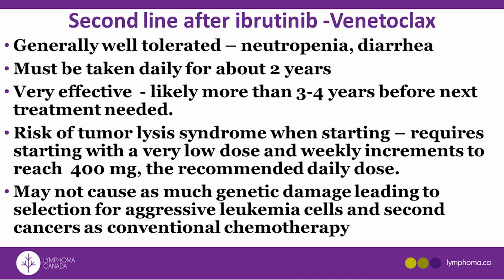So to overcome that, when you institute venetoclax, you start with a very low dose and have to come in weekly to up the dose, which can be a little bit tedious. But once you're on about the 400 milligrams, the recommended daily dose, it's generally very well tolerated without some of the chronic issues that are associated with chronic ibrutinib usage.